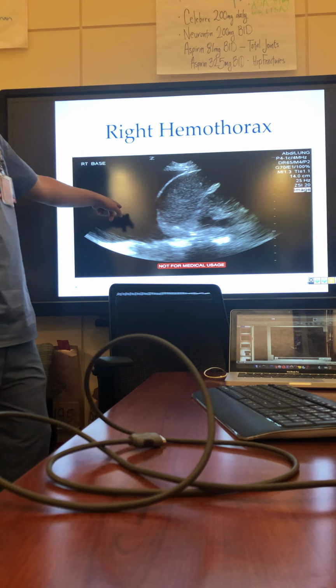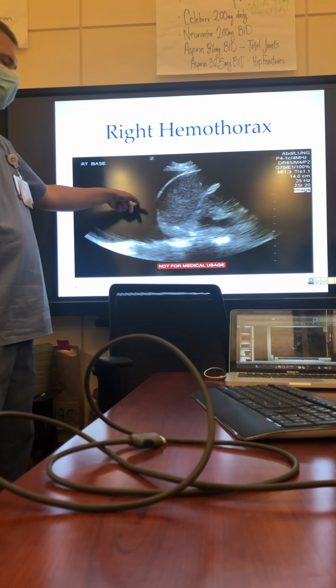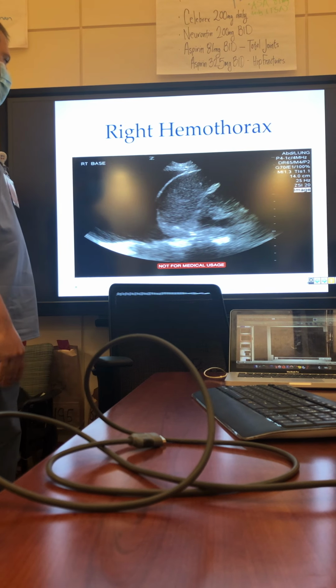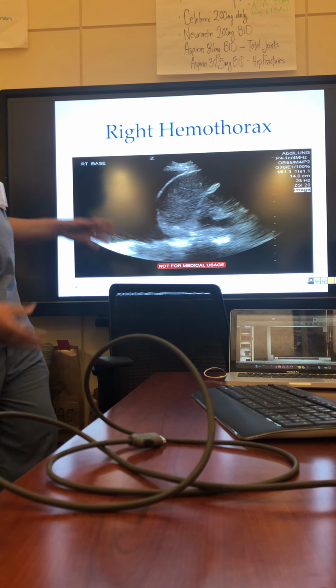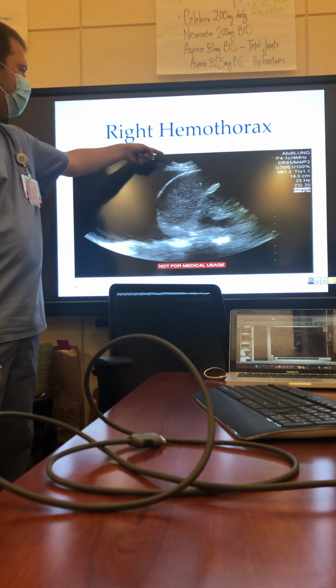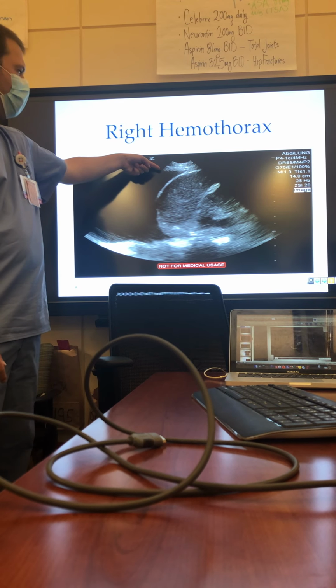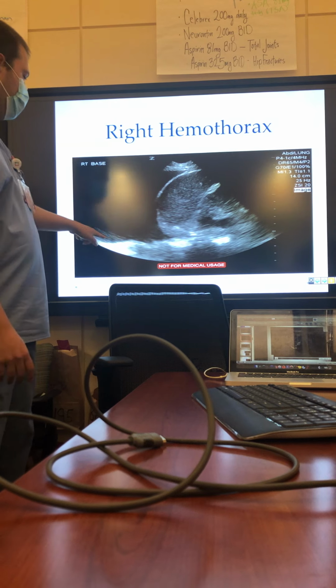This is a hemothorax, or presumed. It could be a pleural effusion, we can't say for sure, but this is free fluid. The reason we know that is using some of the artifacts of the machine and how the machine works. If this was air within the lung, the signal would drop out right when it met the lung here. This bright white structure in the back here is the spine.